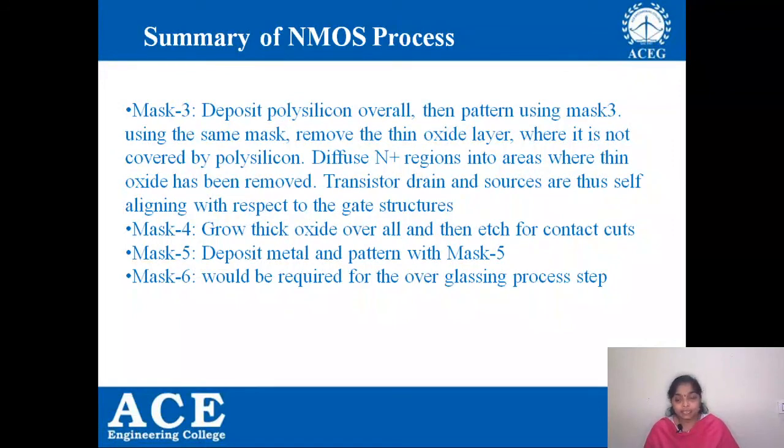Source, gate, drain. The gate is of polysilicon, source and drain are of n+ diffusion, and metal contacts are of aluminum. By using these materials and by selecting a particular area, we can fabricate an NMOS transistor very comfortably. Okay, thank you.